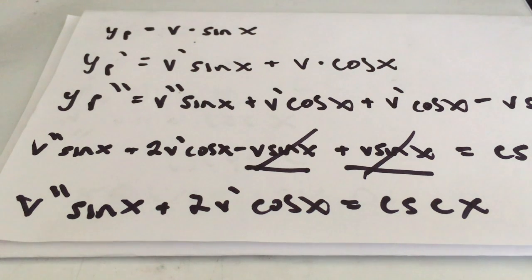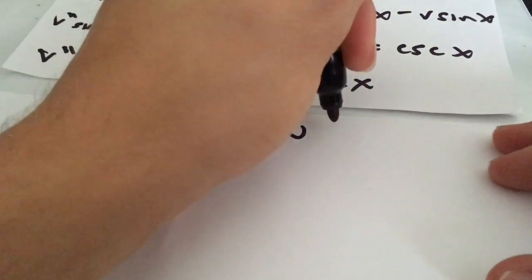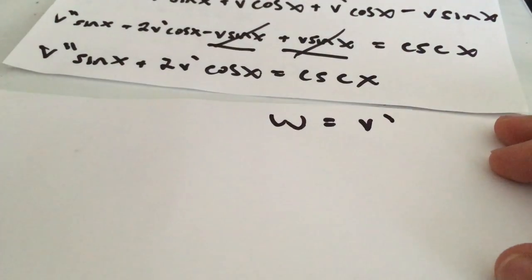Well, the reduction of order, the name of it kind of points to wanting to reduce the order of the differential equation from whatever it is, so in this case 2, so we should reduce it to 1. So what we are going to do is introduce a variable and call it w. And what w is going to equal is v prime.